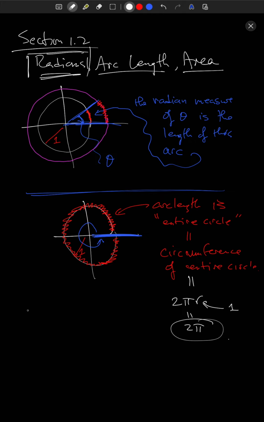Okay, so let me actually write that down. 360 degrees is equivalent, so 360 in the degree measure is the same as 2 pi in the radian measure. Okay, and radians are so natural that frequently we won't even use the word radians here. We'll just say 2 pi.